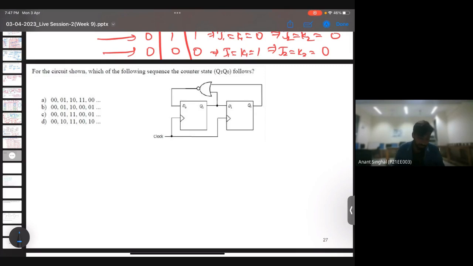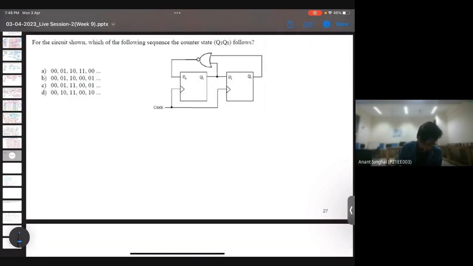Any answer? Shall I solve it or you are solving? Okay, so let me solve it then. I don't get any response.